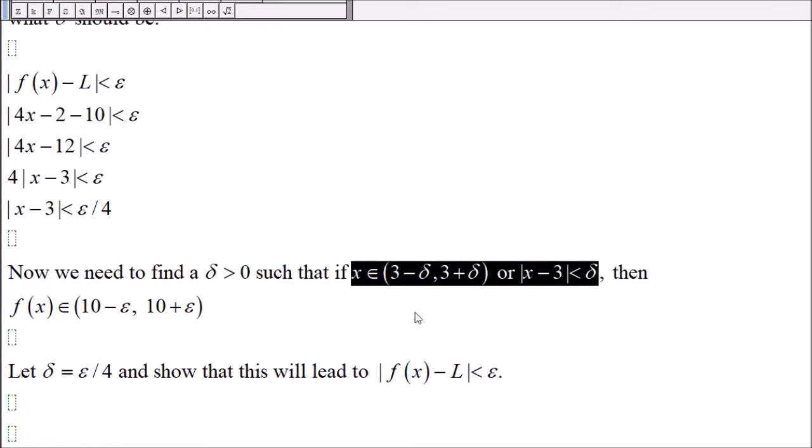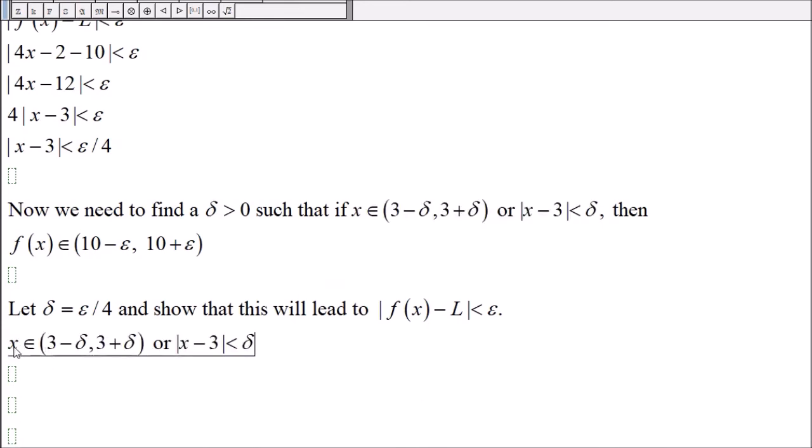And so now we must show that if we picked an epsilon, and that we picked an x from the interval 3 minus delta and 3 plus delta, then the corresponding y value would be inside of this interval right here, which is equivalent to saying absolute value of f of x minus L is less than epsilon. So x inside of the interval 3 minus delta and 3 plus delta, as explained earlier, means that the absolute value of x minus 3 is less than delta.